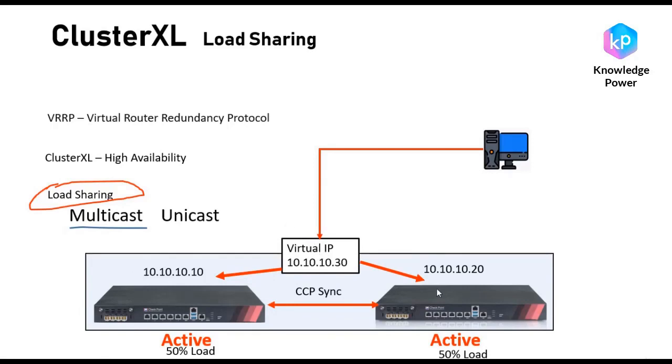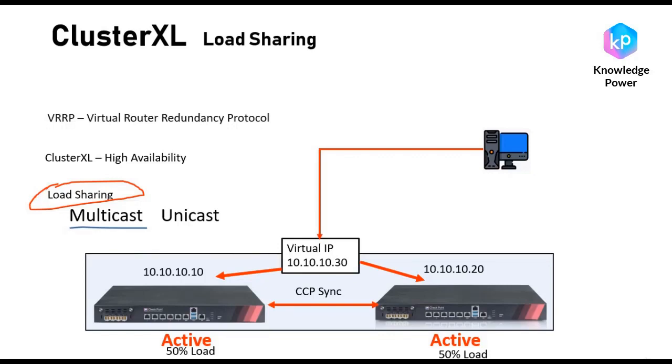It can send it out to other devices in a cluster membership. ClusterXL load sharing can support up to 5 devices. So all of these devices that are in our cluster membership receive that packet that our virtual IP has received, and they have to agree with each other who will process the packet.